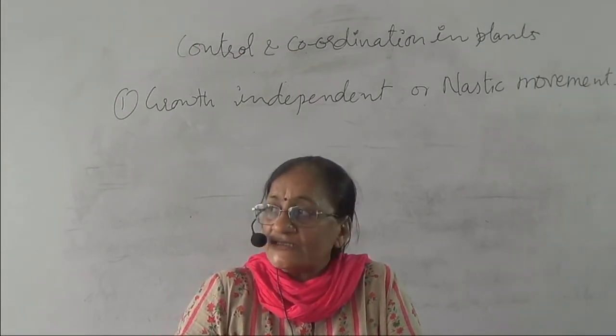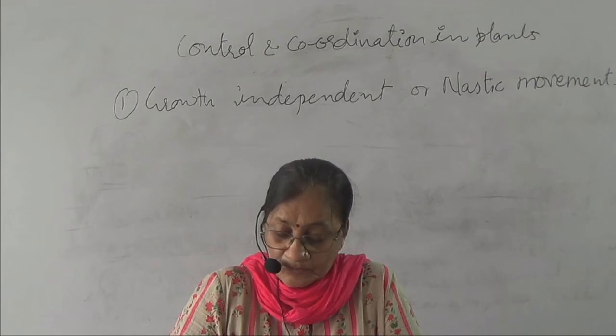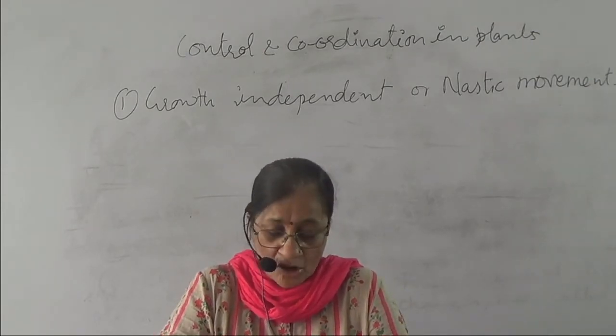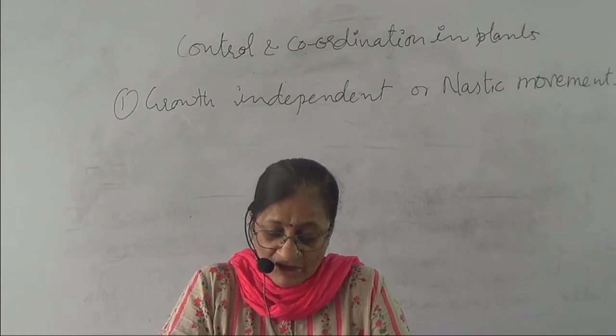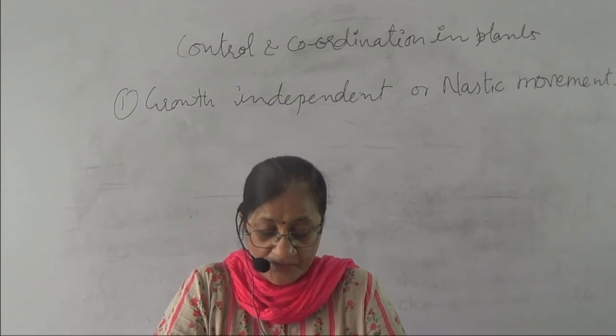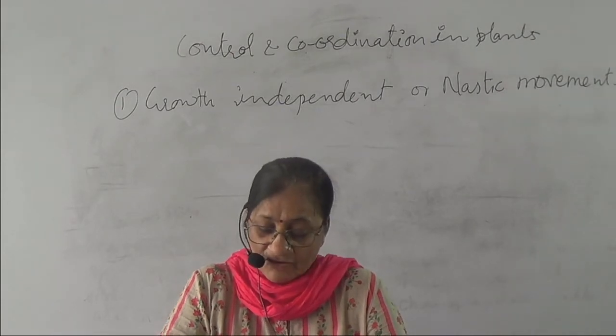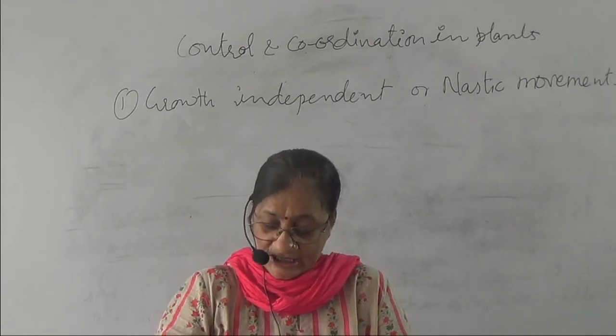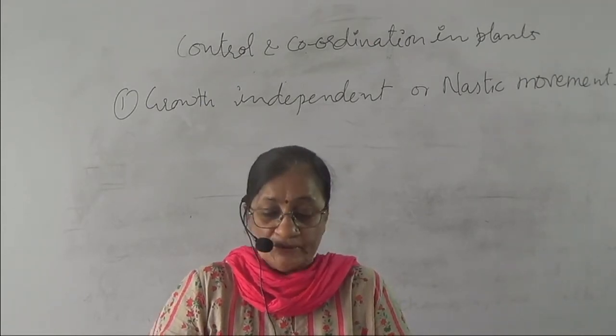You have seen the plant Chui Mui, called the touch me not plant or sensitive plant. When we touch the leaf of the plant with our finger, we find that all its leaves immediately fold up and drop.